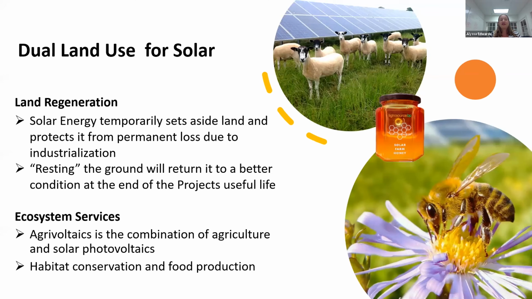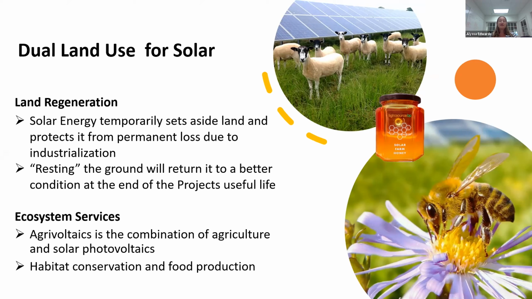Okay, so I'm just going to finish up by talking about dual land use for solar. Like I said, this is really an important aspect of social licensing, agricultural integration. Just to level set for a second, solar temporarily sets aside land, right? It protects it from loss due to industrialization.